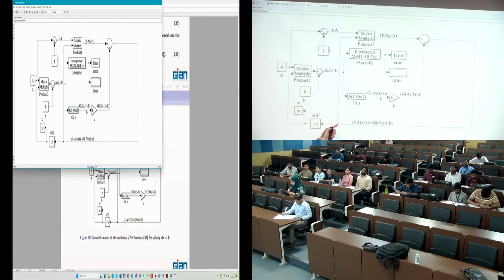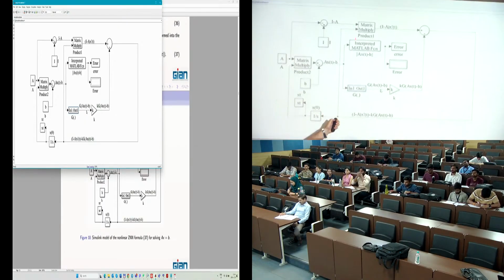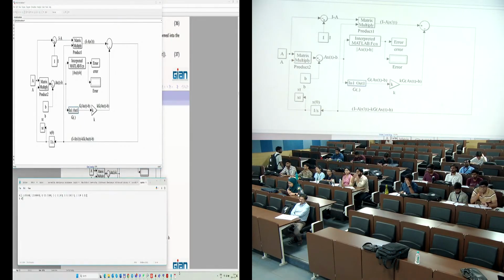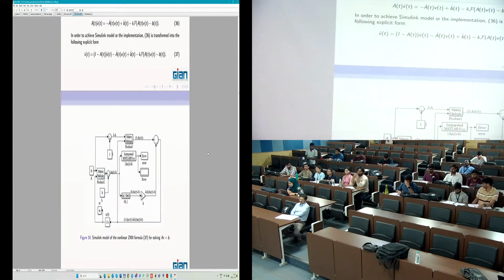And we use this connection, made a new connection, multiplied A minus I minus A by X dot. I will repeat again.